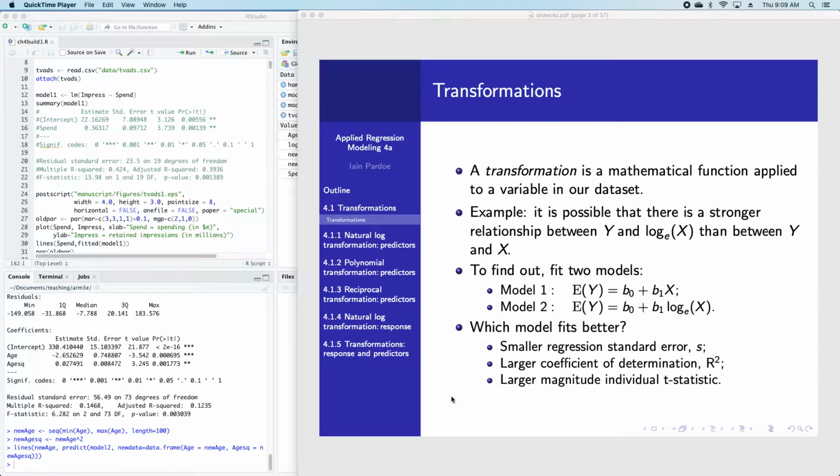So we want that to be as large as possible. And then we're going to think about a hypothesis test for B1 in each of these models. So how strong is the evidence that B1 is not 0? The larger the individual t-statistic for that parameter, the more evidence we have that B1 is not 0 in the model, and so a larger t-statistic will indicate a better model.